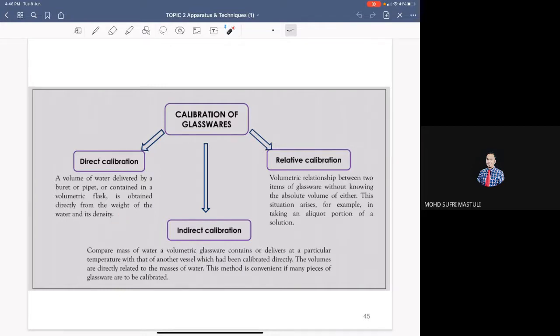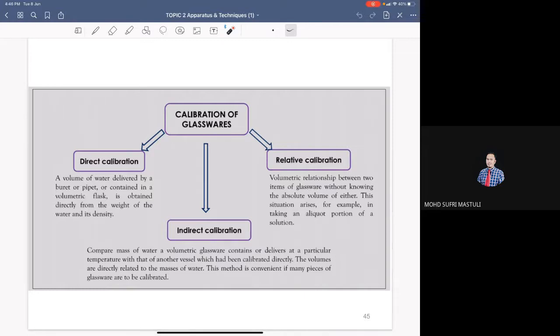Indirect, we compare the mass of water a volumetric glassware contains or delivers at a particular temperature with another vessel which has been calibrated directly. The volumes are directly related to the mass of water.